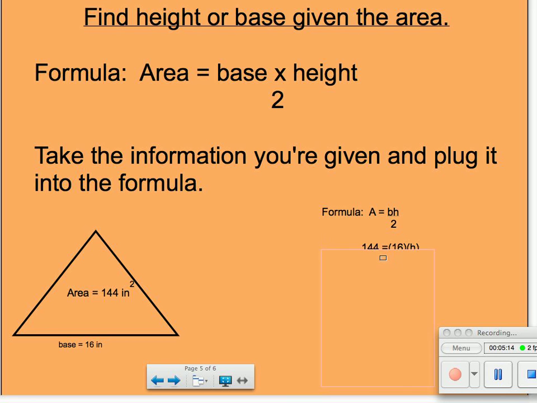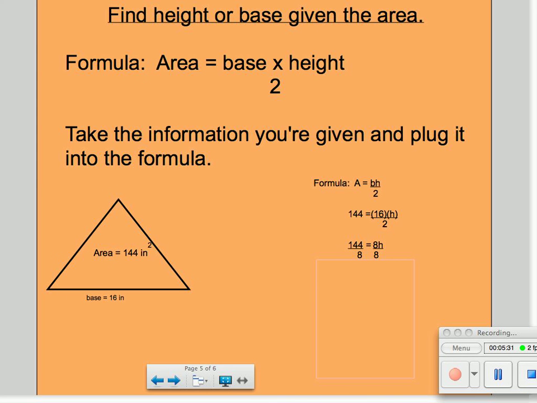We're going to then plug in what we do know. In this case, I know that the area is 144 square inches. I know my base is 16 inches, but I don't know my height, so I'm just going to leave my height as h. Okay, and then I'm going to multiply 16 times h to get 16h, and then I'm dividing by 2.